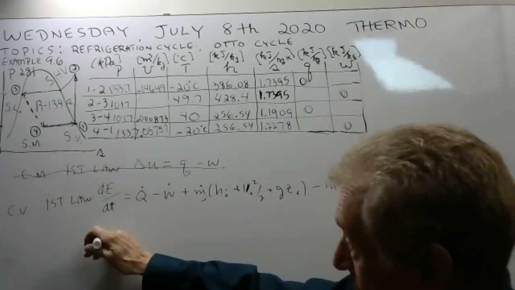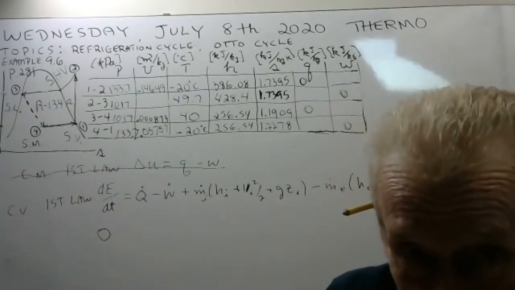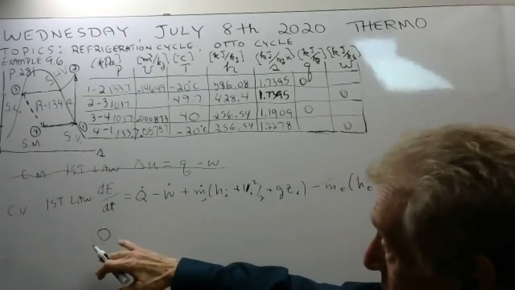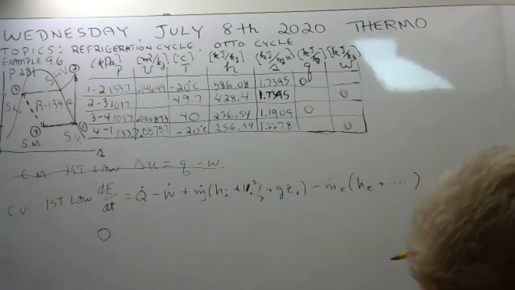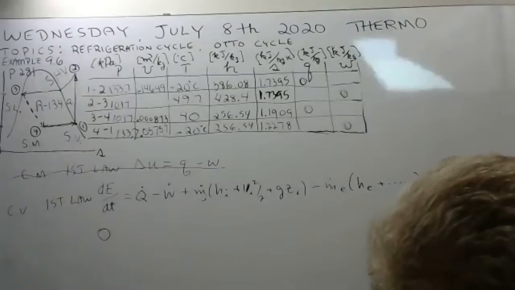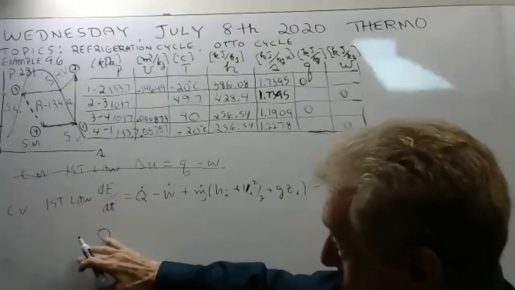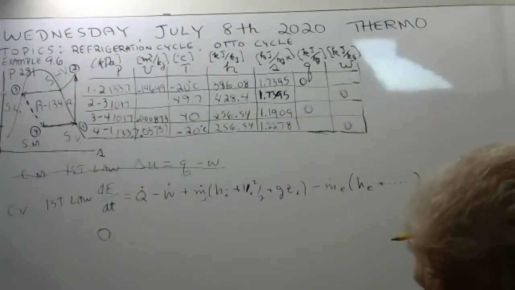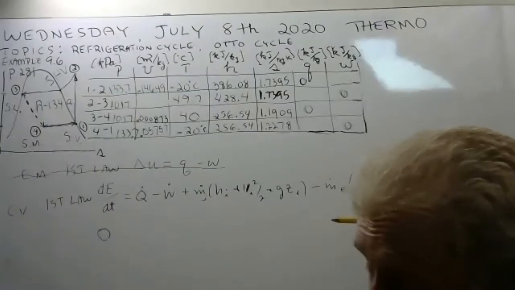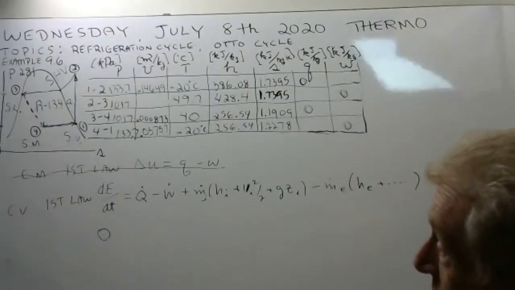Now, I'll pick on Parker since I was asking Parker something. Parker, this is 0. How come? Why is that 0, Parker? This term right here is 0. Why is that? Because it's a steady state. Yay, good going. Parker's been listening to me. Bless you, Parker. That's 0.